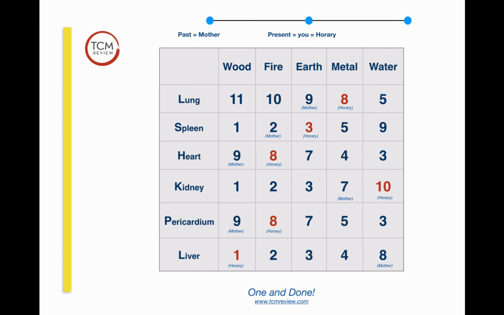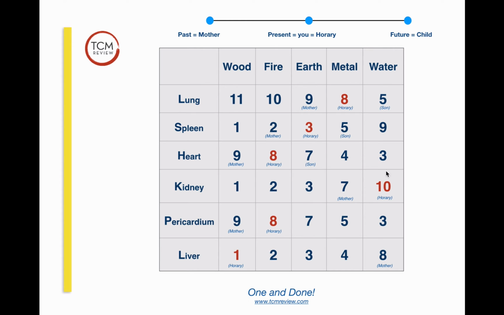Okay, let's look at the child points. So children are our future. They're our future generations, and so we think of them as to the right, in our future. And so for lung, that would be lung 5. For spleen, the horary is 3, so that would be spleen 5. For heart, the horary here is heart 8, and so the point would be heart 7.